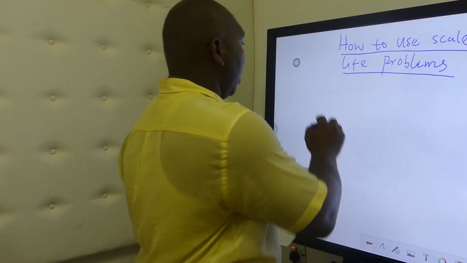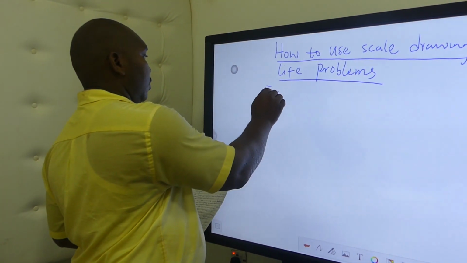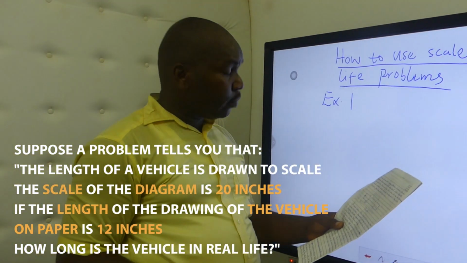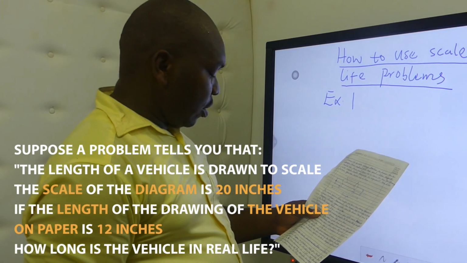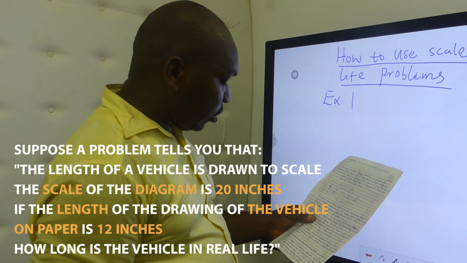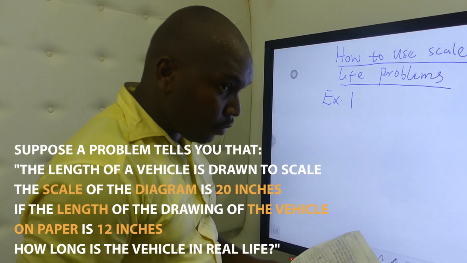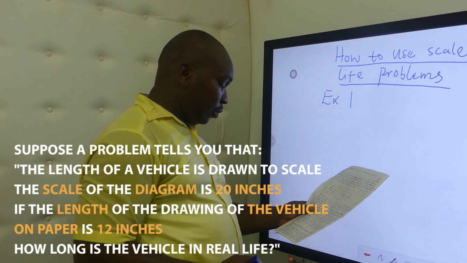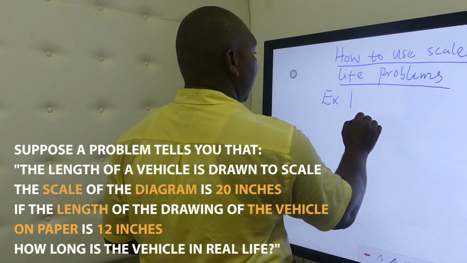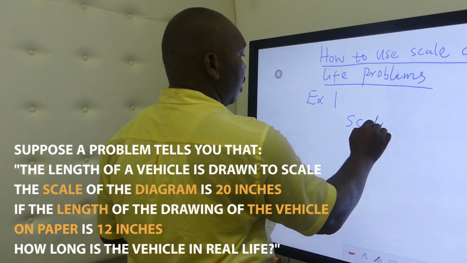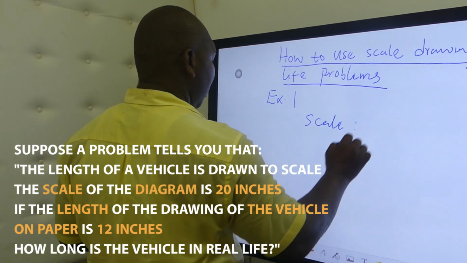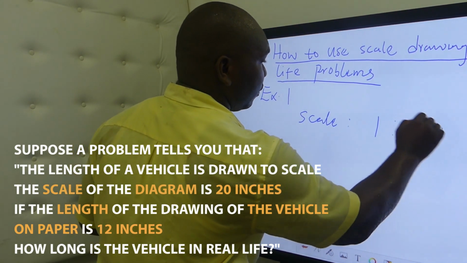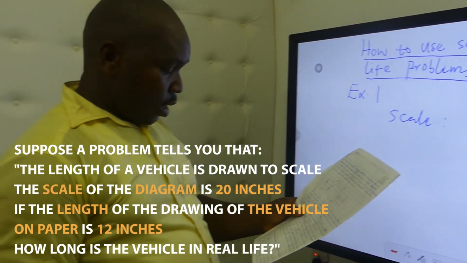The first example says, suppose a problem tells you that the length of a vehicle is drawn to scale. The scale of the diagram is 1 is to 20. That is the scale of the diagram.